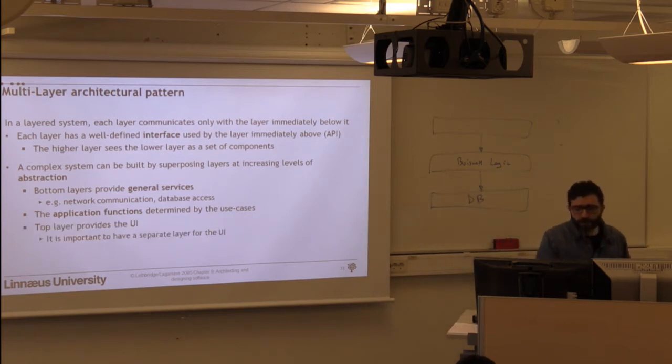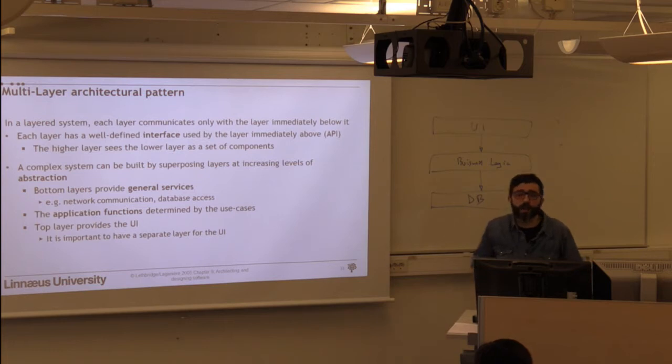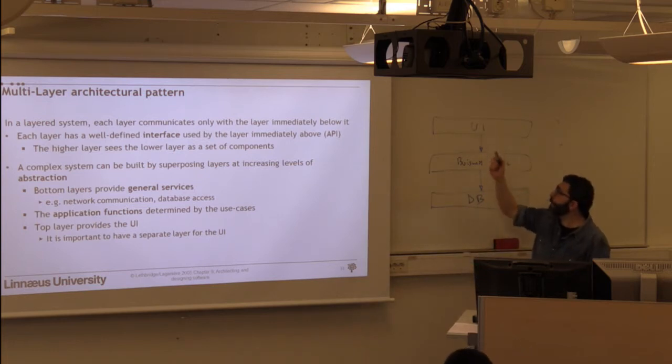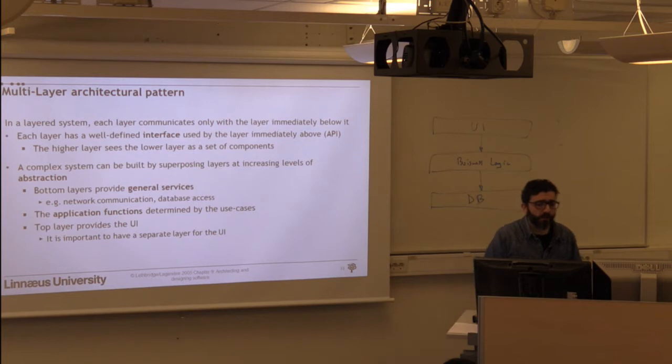And then finally, the uppermost layer usually provides the user interface. The user interface makes use of the business logic in order to allow the user to use the functionalities of the application, and the business logic uses the data management layer to store the different data.